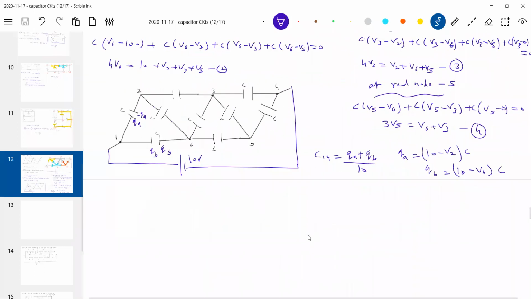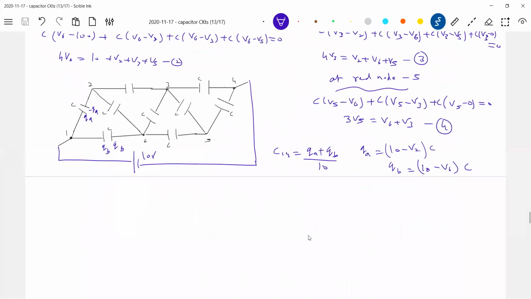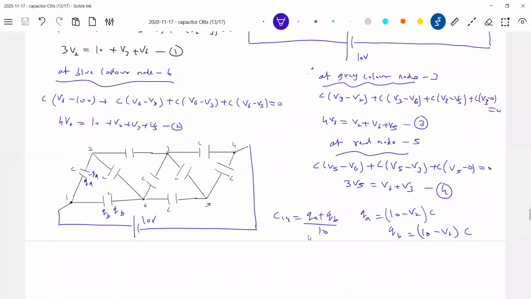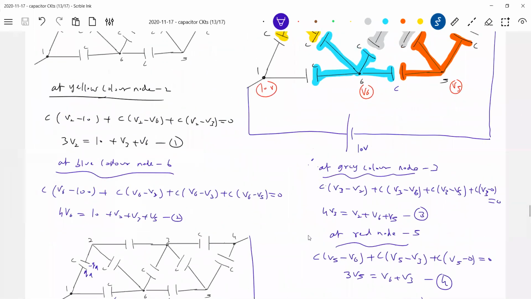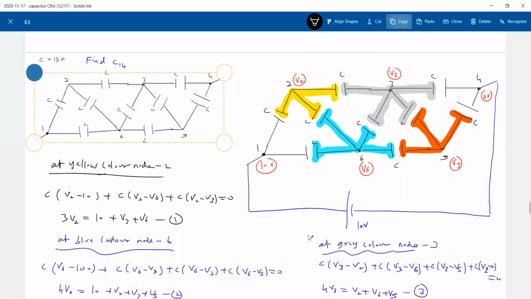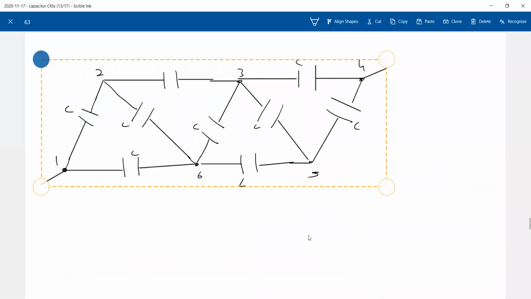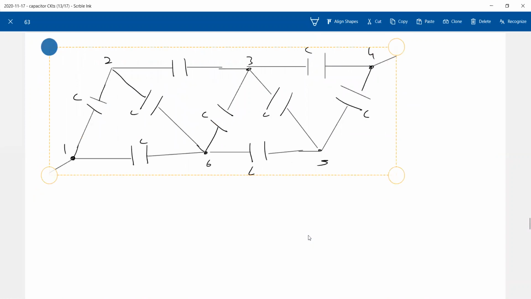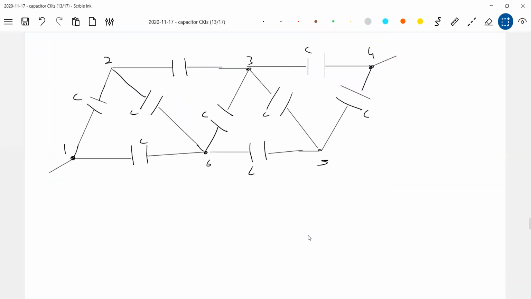Same problem, I'll divide the charge. You can see this. We will try charge distribution, how it is possible.